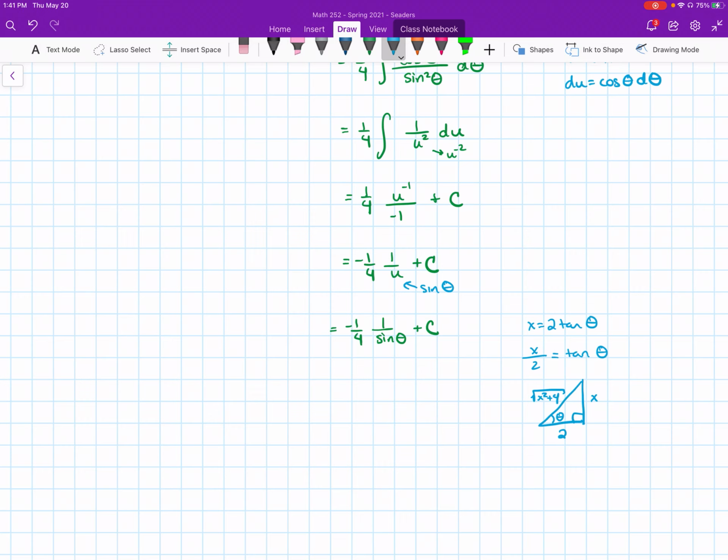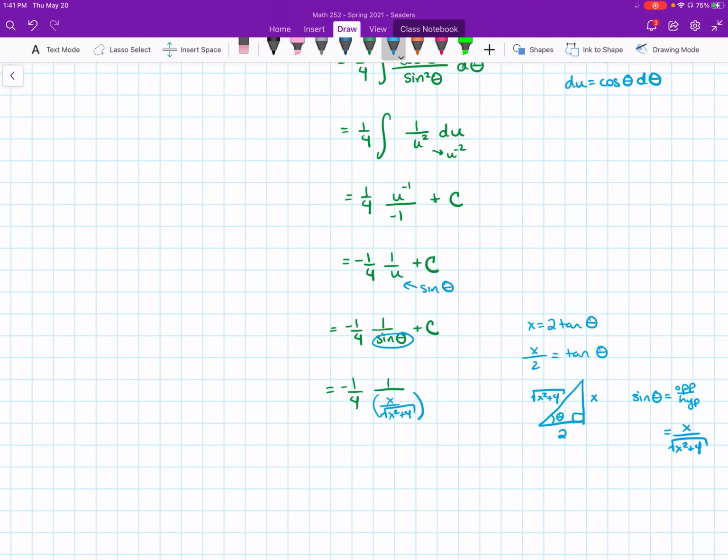And that means that sine theta, which is opposite over hypotenuse, is going to be x over the square root of x squared plus 4. And that's what I get to plug in for sine theta. So I get -1/4 times 1 over x over the square root of x squared plus 4.